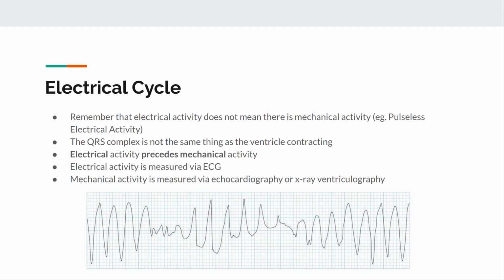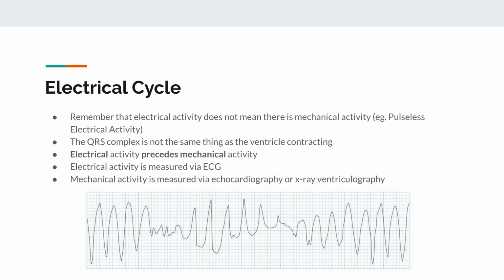So for example, pulseless electrical activity is a thing where you get decoupling of the electrical conduction from the mechanical contraction, and it's a scary thing. Your ECG has waves, but the actual heart is in complete arrest. So the QRS complex isn't the same thing as the ventricle contracting.